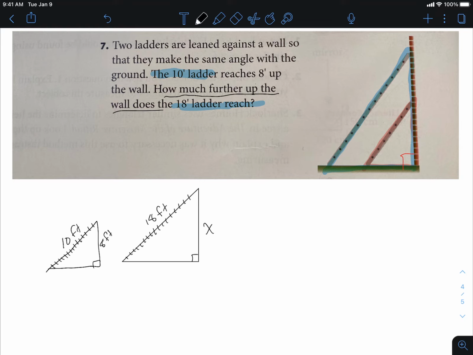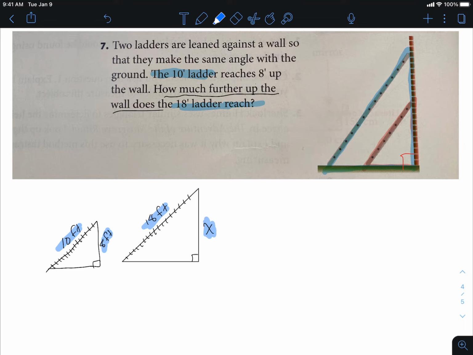And so we can use our similar triangles here. Just by looking at this and this, you know two of the similar side lengths, the ladders. One's 10 feet, one's 18 feet. Additionally, it tells you I also know 8 feet, and I want to know this.